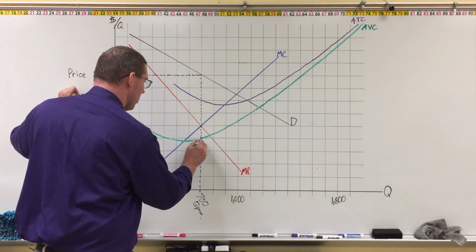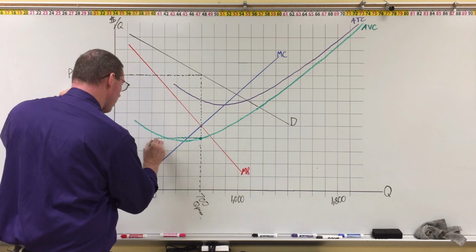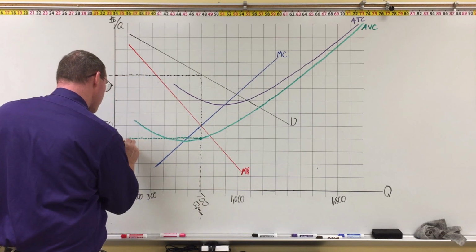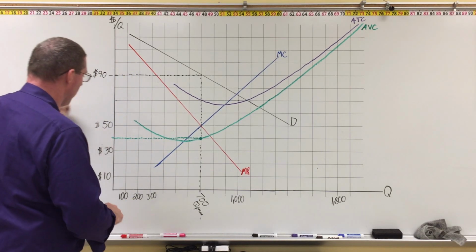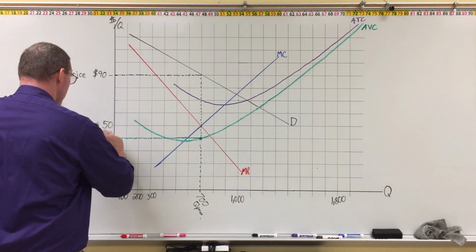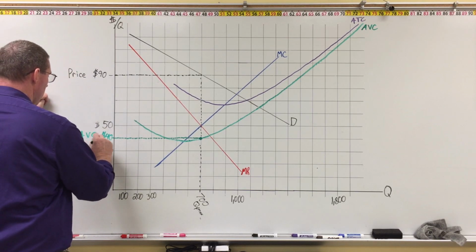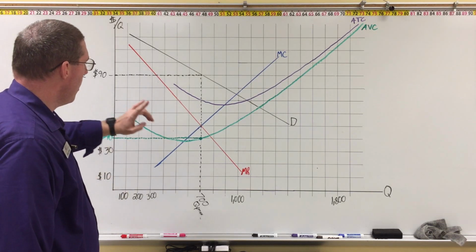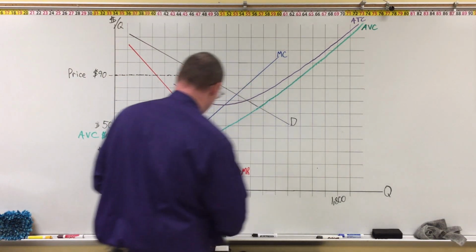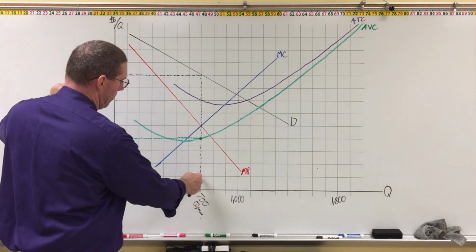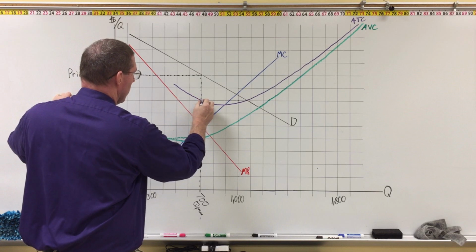All right, so now from here, we're going to go horizontally, a straight line over here, and this is going to be our average variable cost, which is $40. So $40, which is our average variable cost, right? And then we're going to identify our average total cost. So at this quantity, we're going to go up here to the average total cost curve right there, okay?